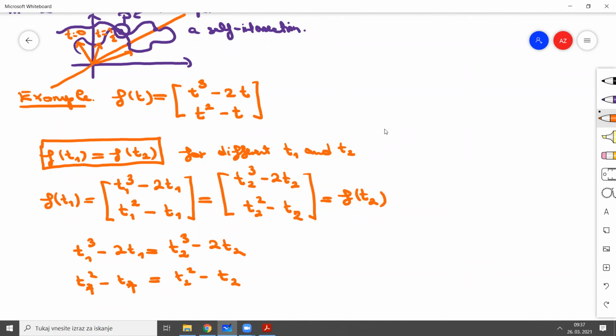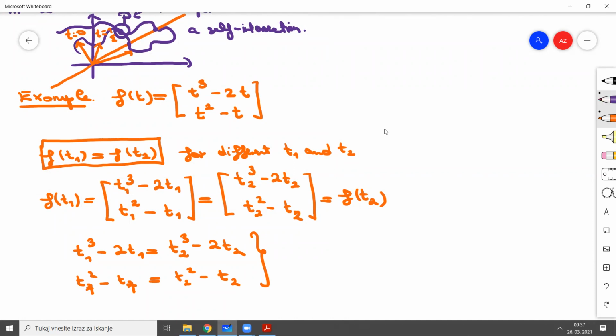And you can try to do some algebraic manipulation by yourself to determine all the solutions. I will show you one possible way how to solve this system. One possible way is to notice that we will be able to factor out t1 minus t2 from both of the equations. So t1 minus t2 will in fact cancel out from both equations. To do this, I need to only rearrange the terms.